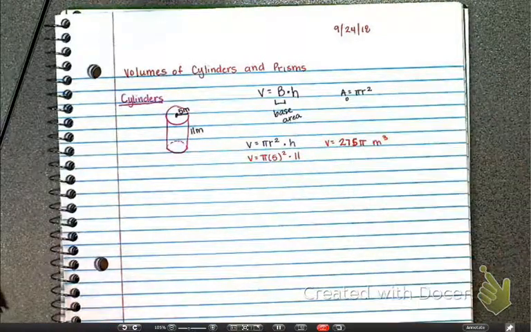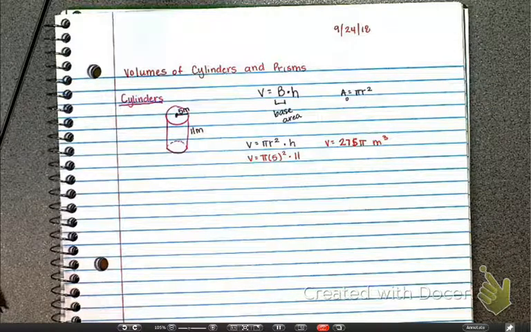Okay, so remember perimeter and circumference is just your units. Area is your units squared. Volume is your units cubed. Okay, so 275 pi meters cubed is my answer in terms of pi.